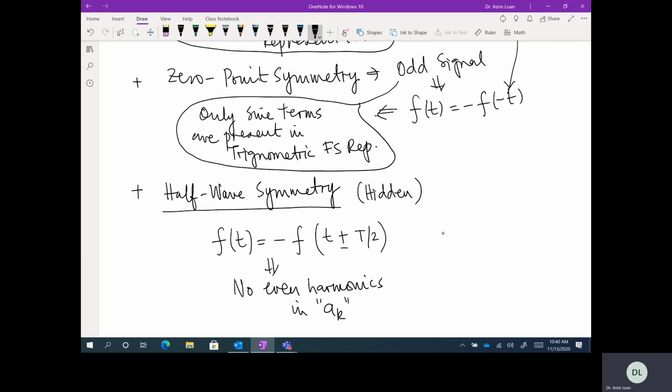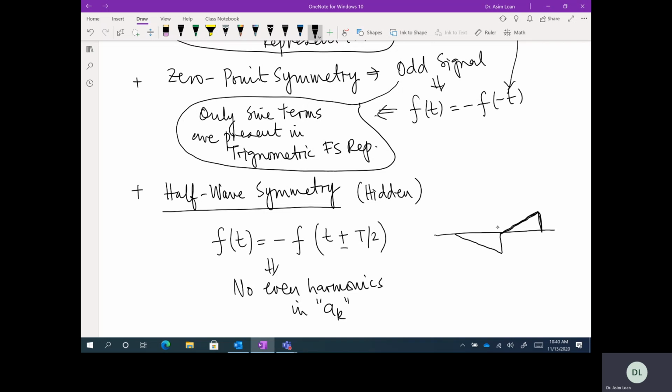So what does half wave symmetry mean? It simply means that if you have a signal like this, one half is the negative of the other half.